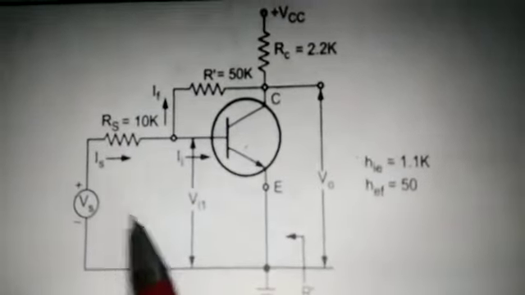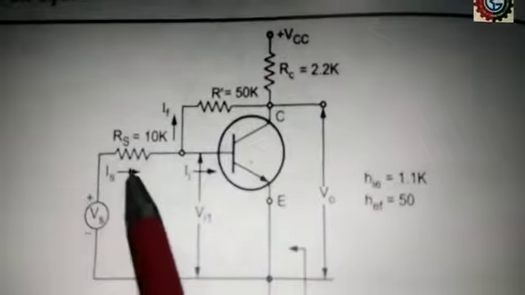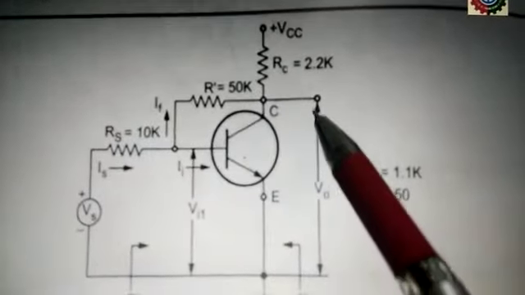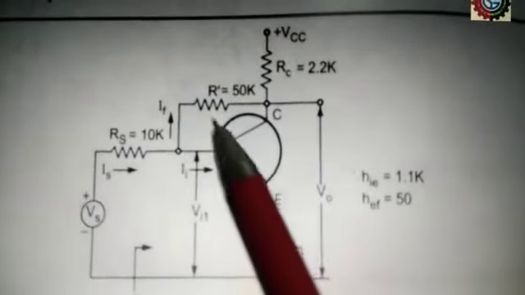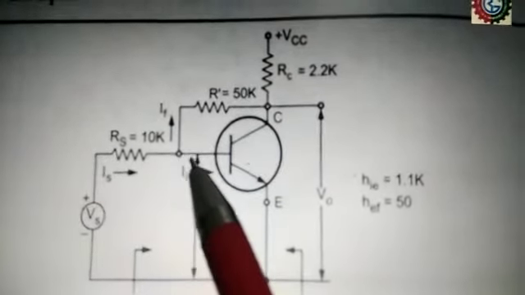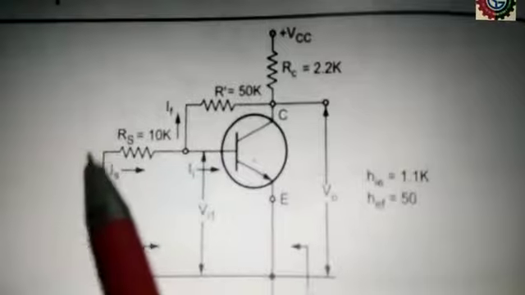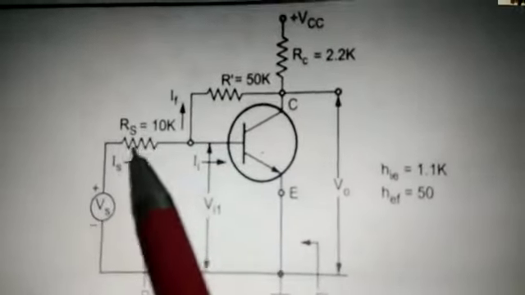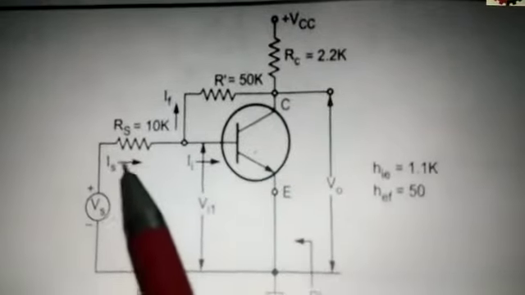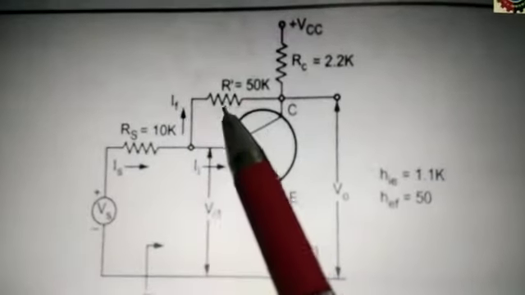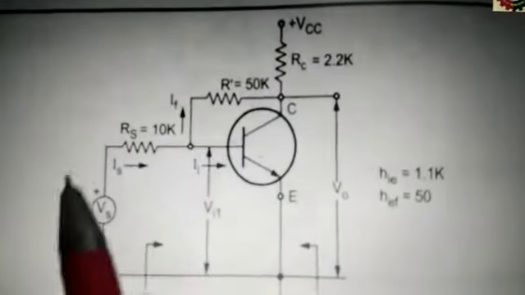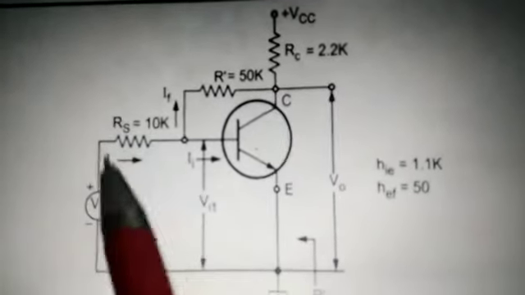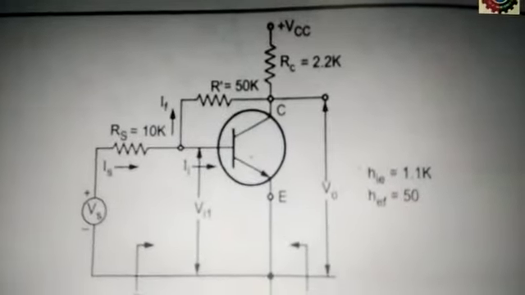To find the input circuit, the output must be shorted. When we short this output, this R dash will be in parallel with the current source. We have to convert this Vs with Rs into its Norton equivalent, and this Rs will then be in parallel with R dash. So we will get the parallel combination along with the current source when the output is shorted.